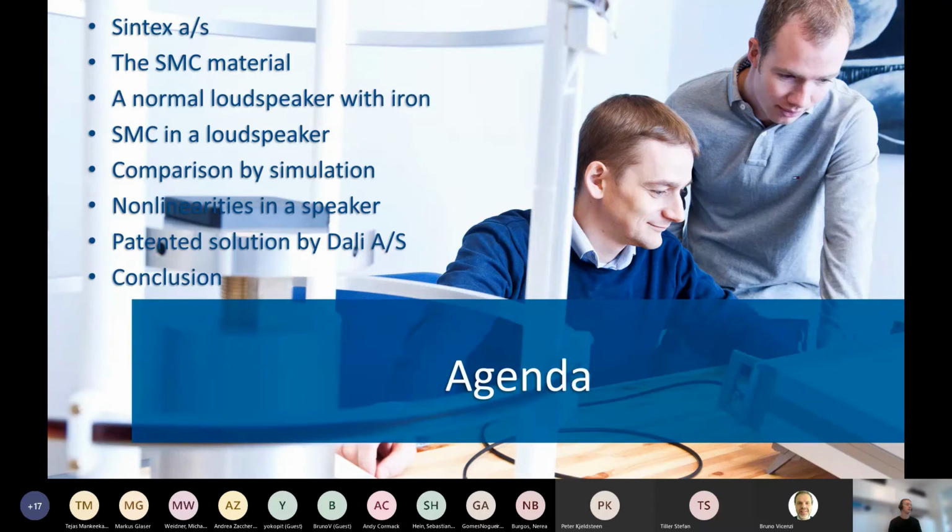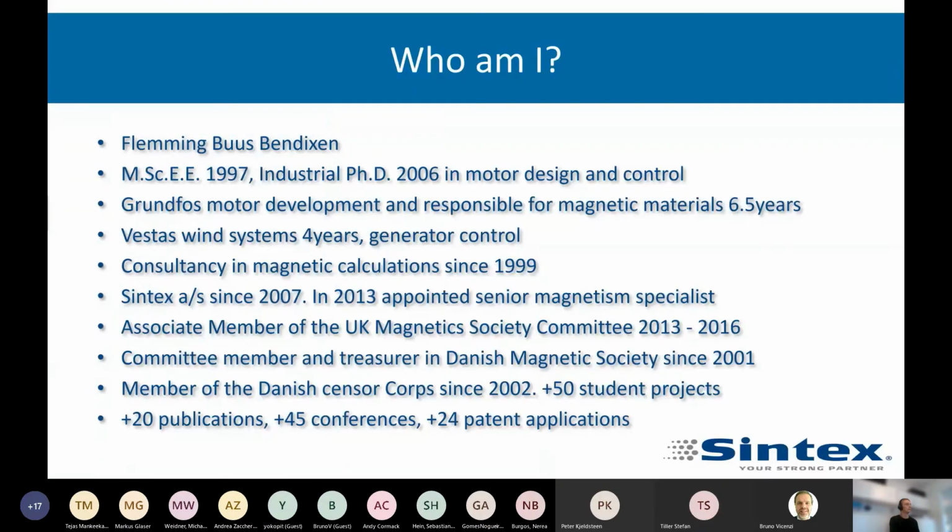I will show you how a normal loudspeaker with iron works, and the idea of using SMT in a loudspeaker. And I will show you a comparison with some simulations where I compare iron with SMT, and talk about the non-linearities in a speaker. And I'll show you at last that this has ended up in a product by Dali, a Danish company, and then a conclusion.